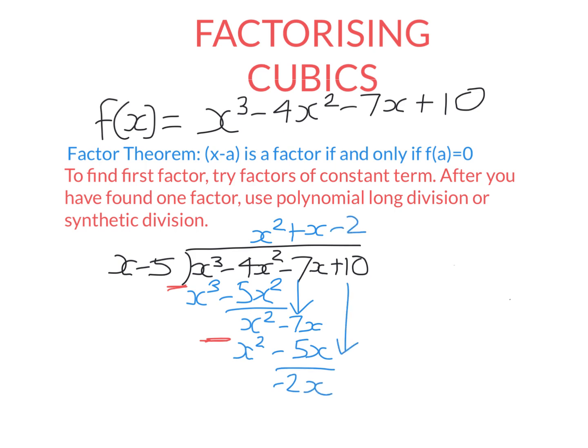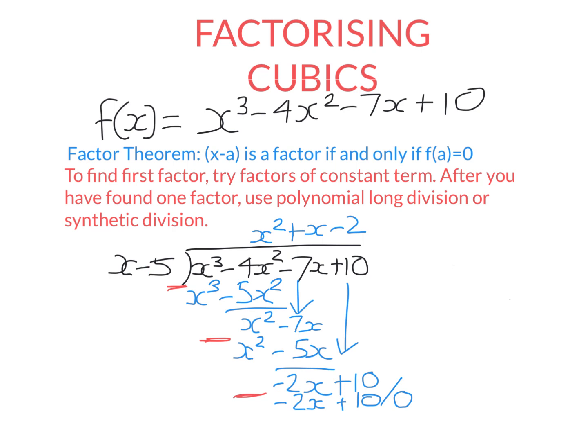Okay, bring down the 10. So now when I get a number up here, I need to multiply it by this. So I go negative 2 times x, negative 2 times negative 5. So here, if I subtract this, I get a final remainder of 0. And that's what I expected, that there would be no remainder because this was a factor.